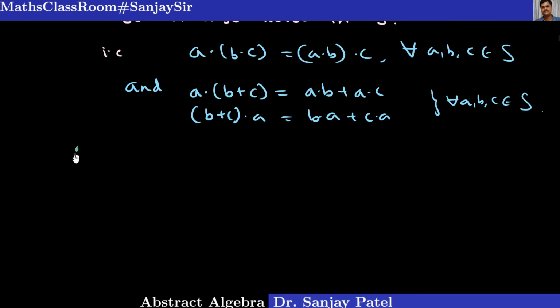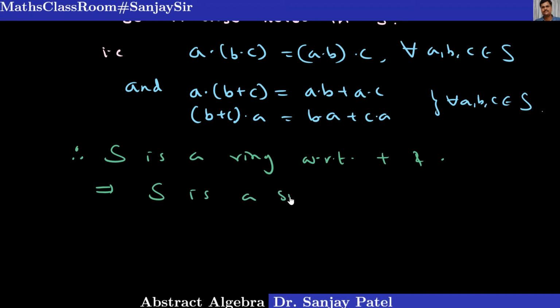So therefore S is a ring, okay, with respect to the same operations, plus and dot, and therefore I can say S is a subring of the ring R. So we have proved the necessary and sufficient condition for a non-empty set S to be a subring.